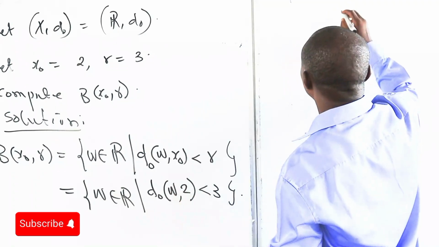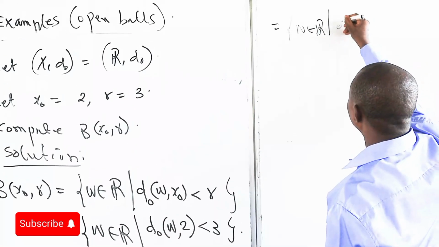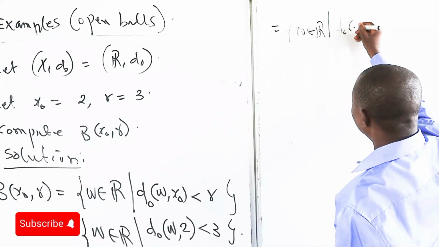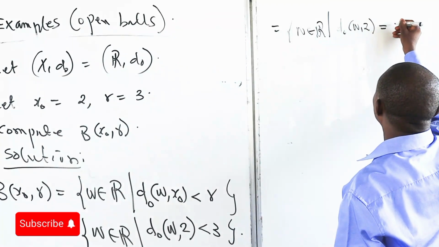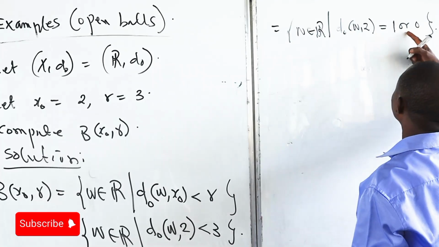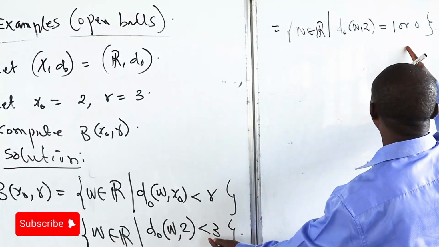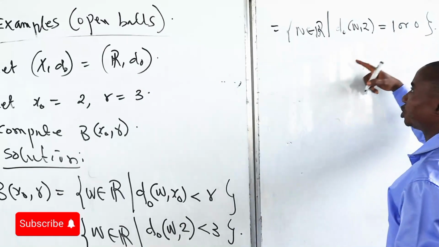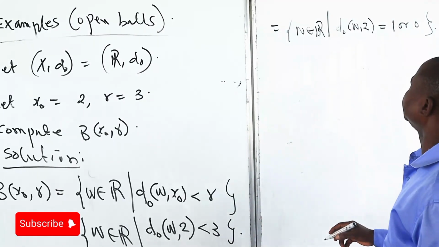So we can write this as the collection of all w in R such that d naught of w, 2 is equal to 1 or it is equal to 0. Because if it is 1, it's achievable because it's smaller than 3, like I explained. If it is 0, it is also possible because 0 is smaller than 3. Alright.